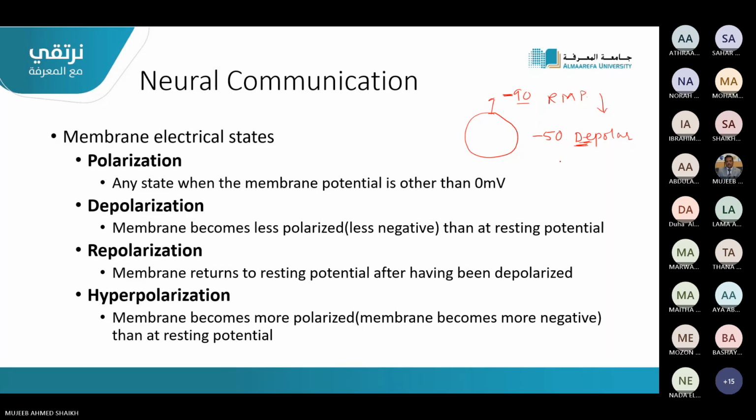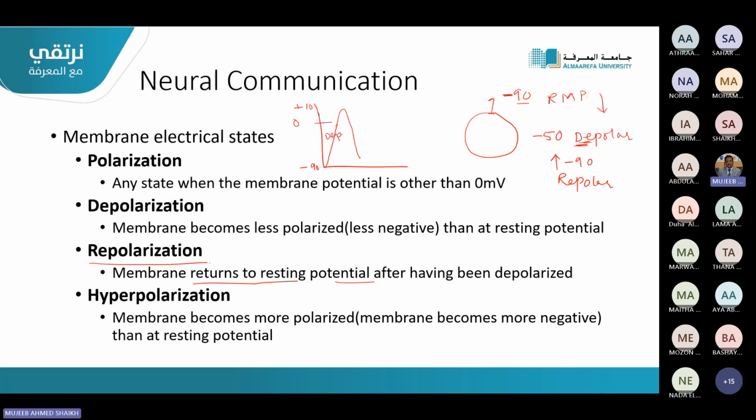If it goes back to the minus 90, we call it repolarization. Here it is written: membrane returns to the resting membrane potential. Suppose I draw a graph here: here it is minus 90, here it is 0, here it is plus 10 or plus 30 maybe. If the membrane is going towards 0, it is called depolarization.